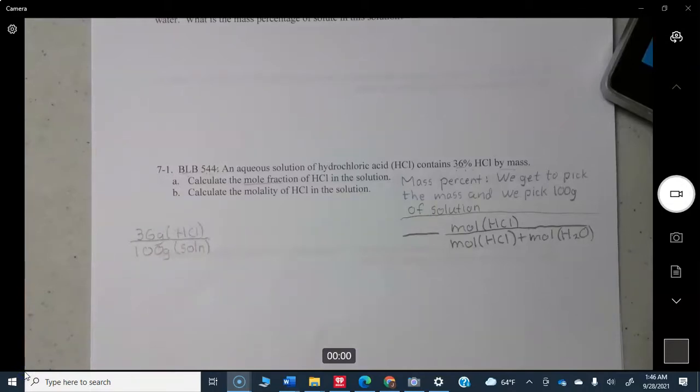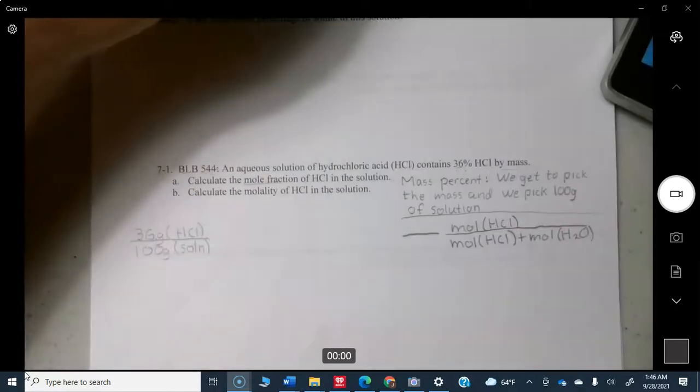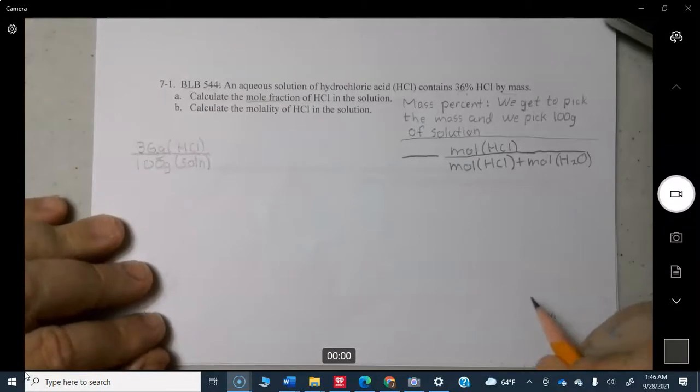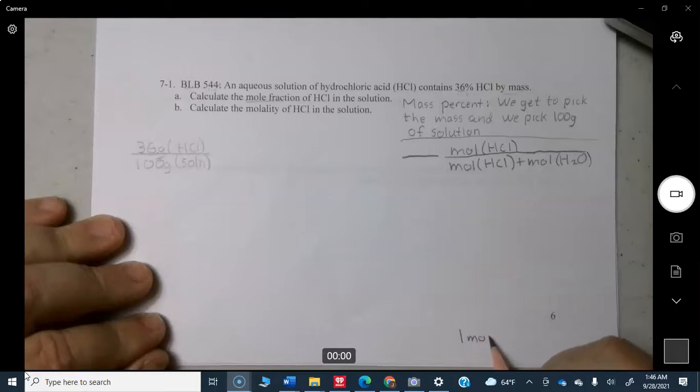Okay, so this problem, we're going to take the top part. We got to get from grams of HCl to moles of HCl. So that's a molar mass conversion. So I am going to come down here and calculate that for HCl. Way down here, I want to use all the space on the page.